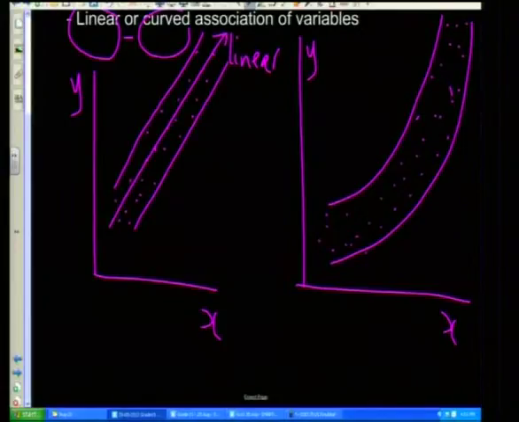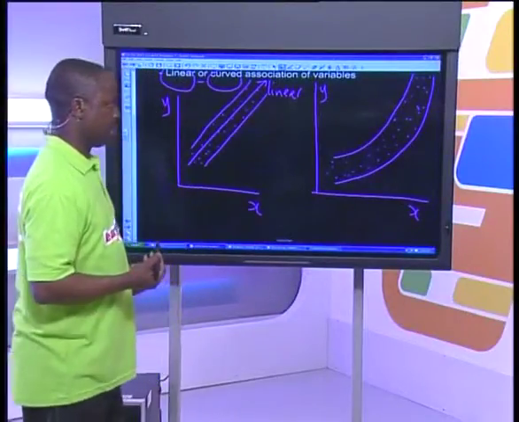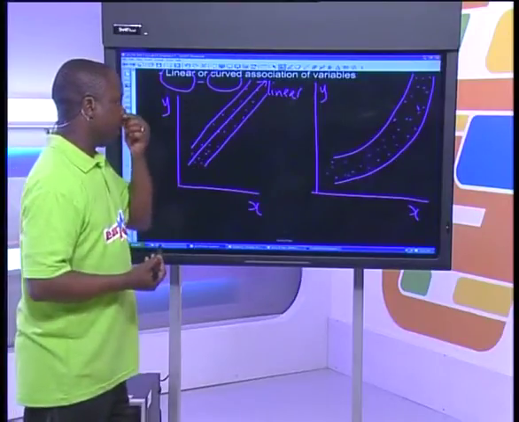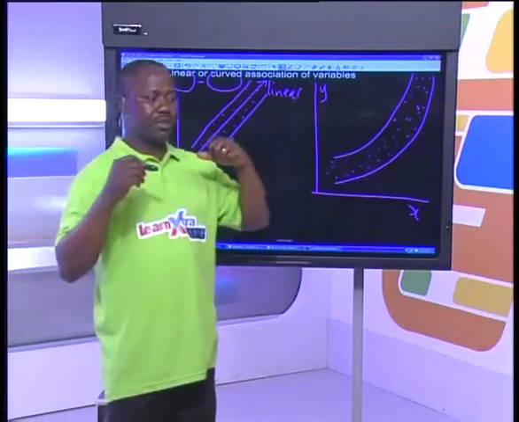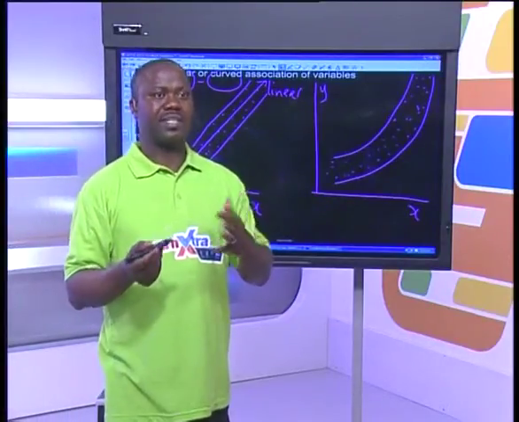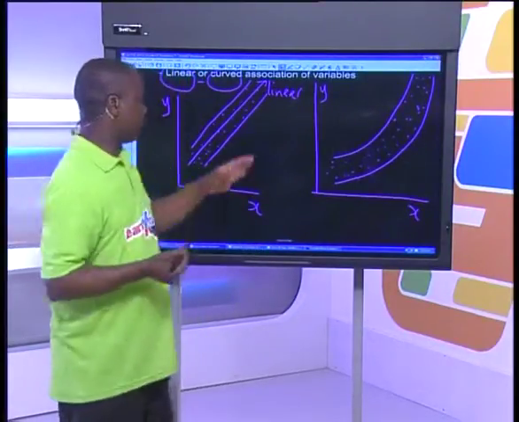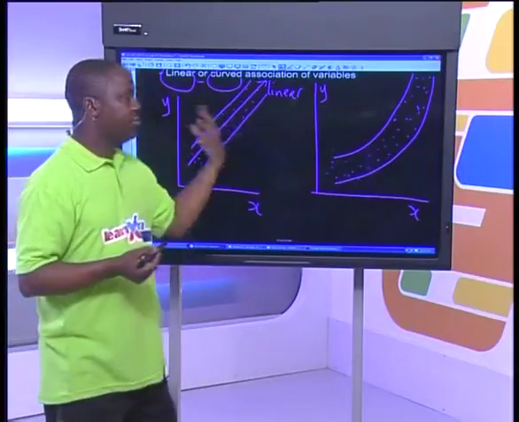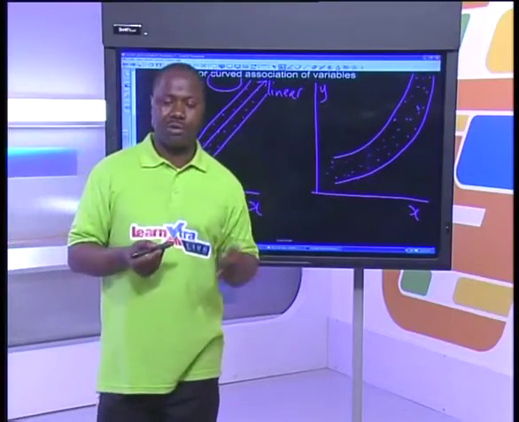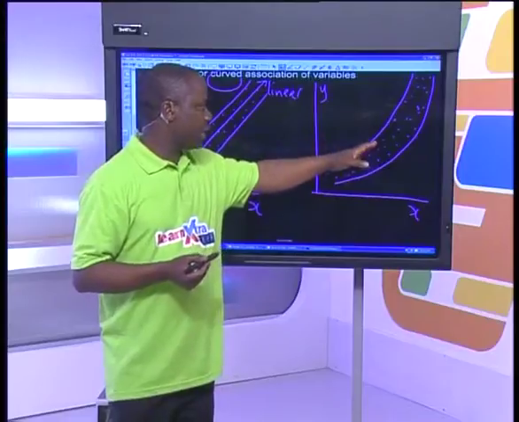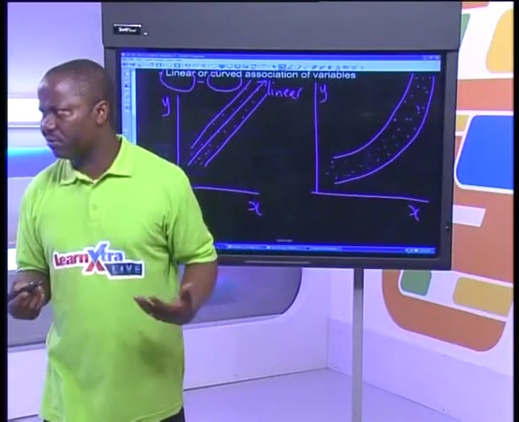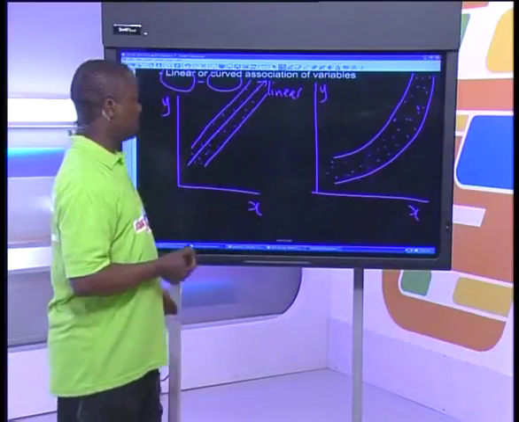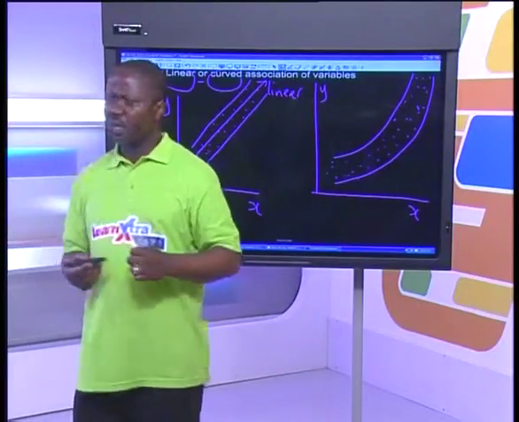And we say this has a curved association. And even then, you want to know whether you can fit a certain equation. For instance, in this case, can you fit a straight line equation onto that data? Or in this case, can you fit an exponential equation for that data? That kind of thing. And I think I wanted to cover that.